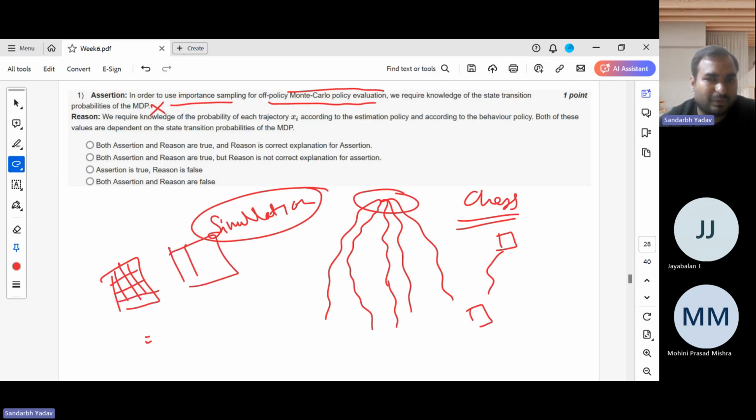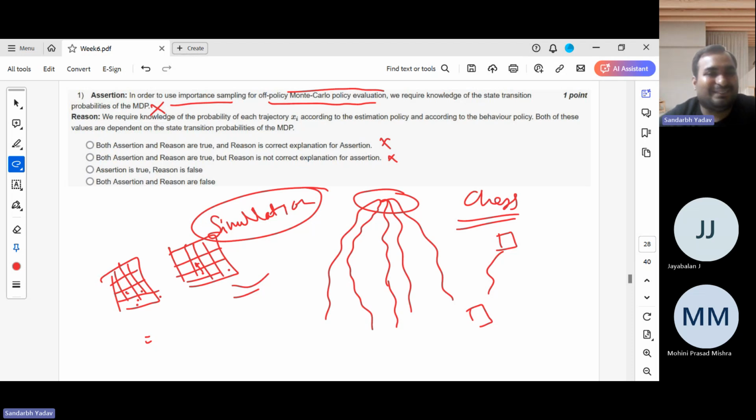If some pieces were in this manner, what is the probability that one of the pieces will move here? Do we actually use those transition probabilities? We don't in Monte Carlo methods. So this statement, the assertion, is straightforwardly wrong, and we can rule out the first two options.